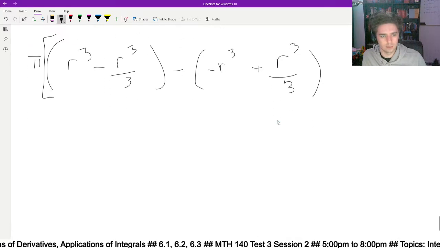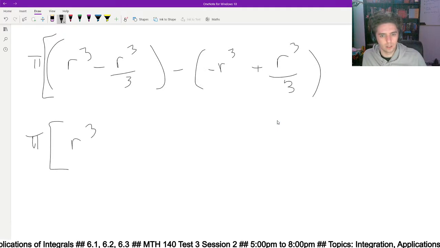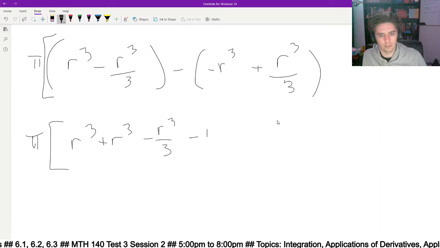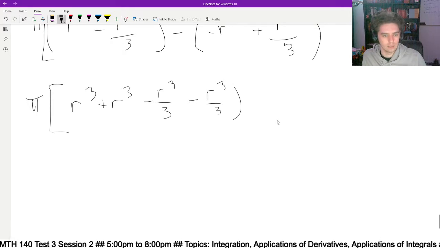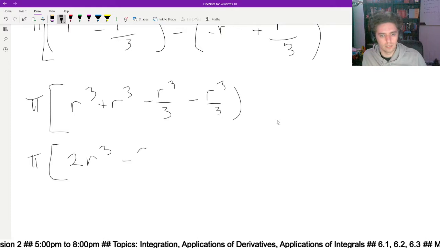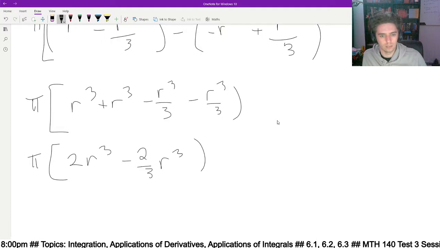And is this going to end up how I want it to be? Let's see. Pi times, so it's going to be r cubed plus r cubed, minus r cubed over 3 minus r cubed over 3. So this is going to be pi times 2r cubed minus 2 over 3 r cubed.